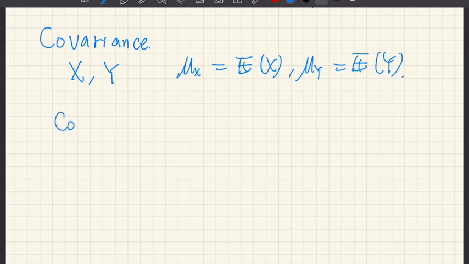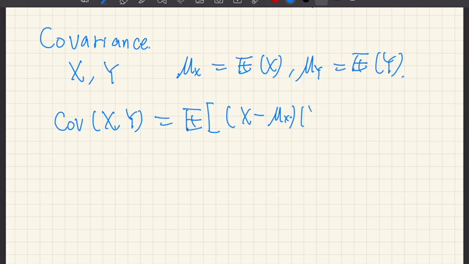Then covariance, denoted as cov xy, is defined as the expectation value of this quantity: the deviation of x from its mean, times the deviation of y from its mean. So this is the covariance.